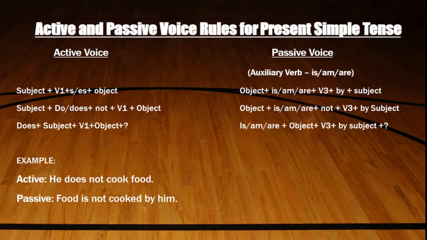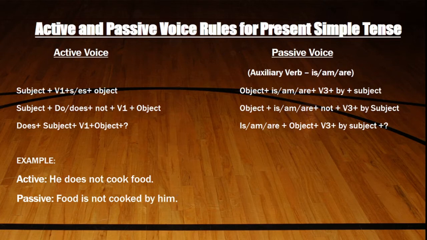The active voice is like, "He does not cook food." And in the case of the passive voice, "Food is not cooked by him." So you see, what happened in the passive voice is the object comes first and not the subject. But in the case of the active voice, the subject is first. So the subject is who?